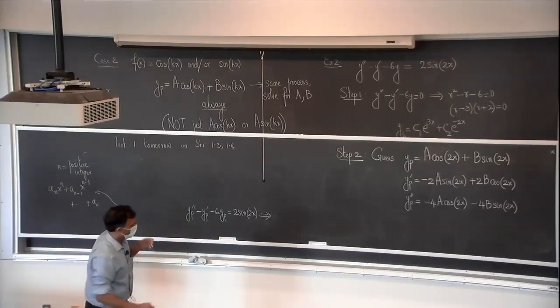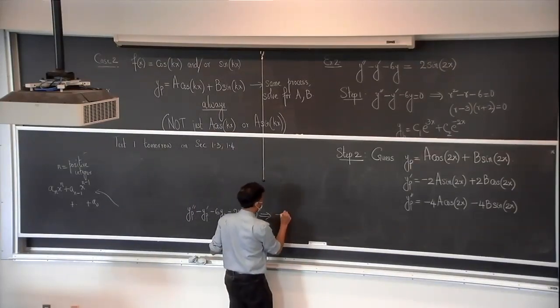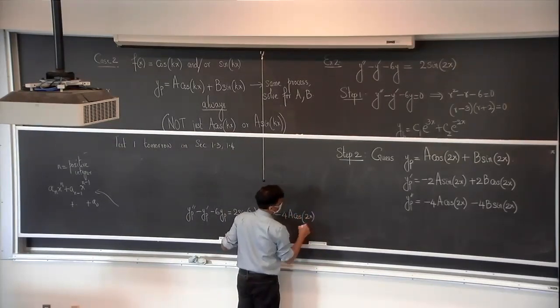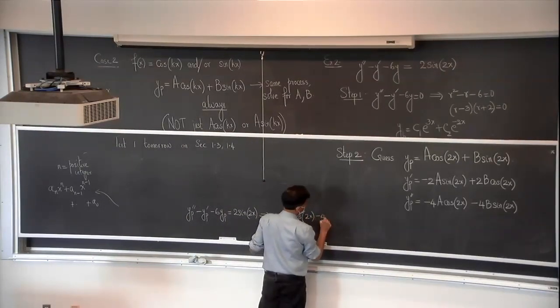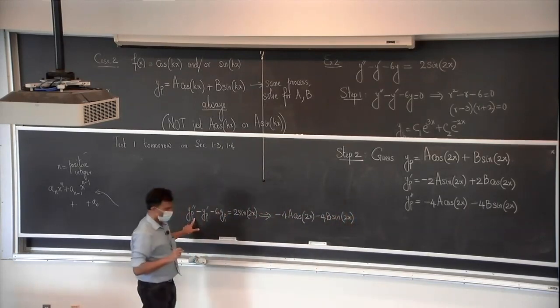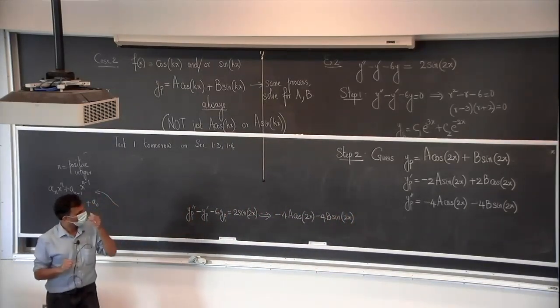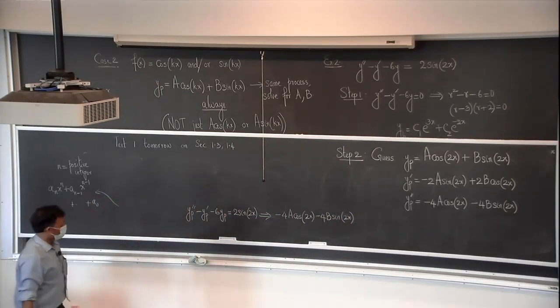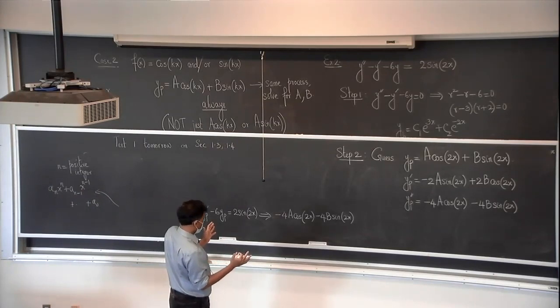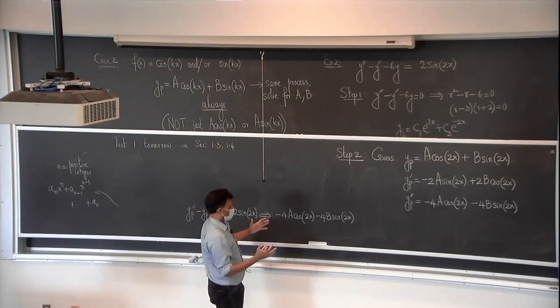That's going to be negative 4a cosine 2x minus 4b sine 2x. That is your yp double prime minus yp prime. I'll try to keep my terms kind of together if that is possible spatially, but maybe not.